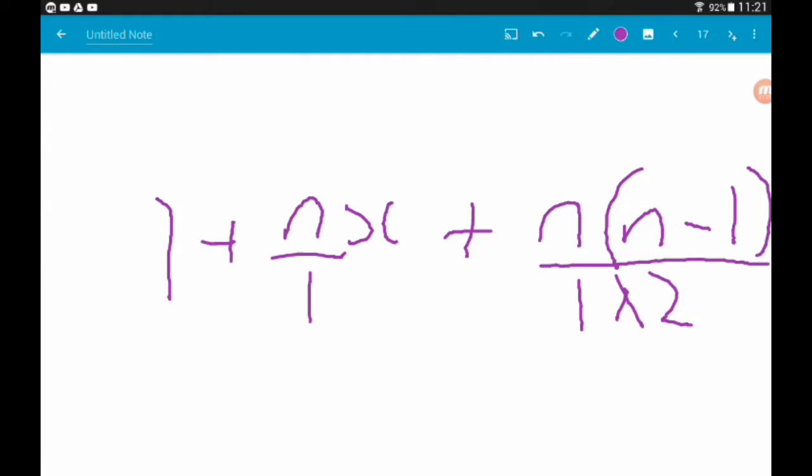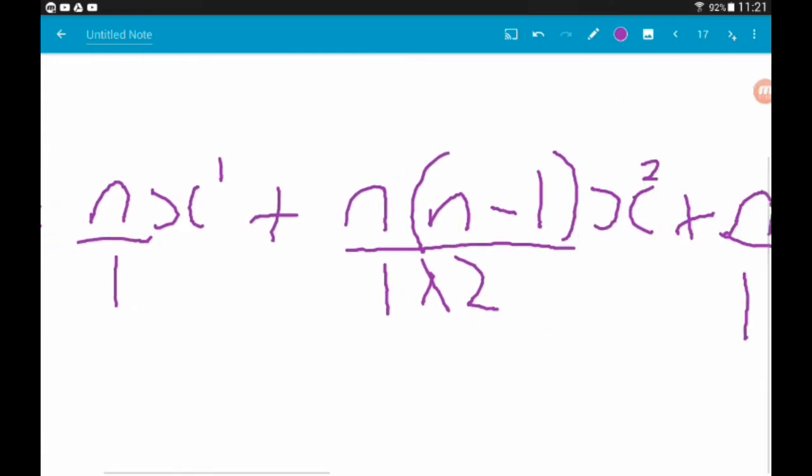Our second term is n over 1 lots of x. Now if you like, x is just x to the power of 1. So notice here we have one factor up on top and one factor on the bottom, and our power is 1. Seems to be a link there.